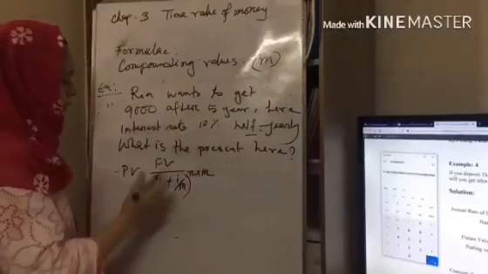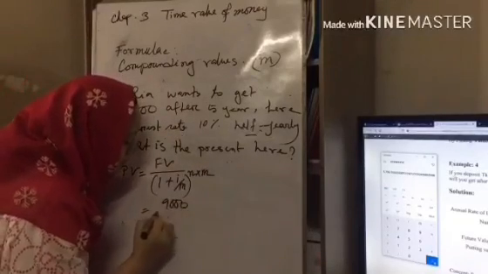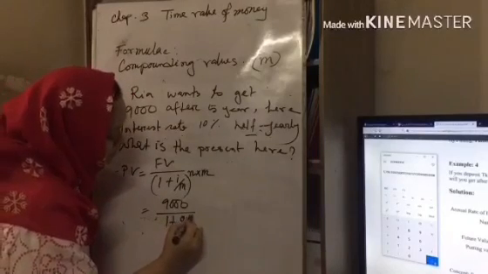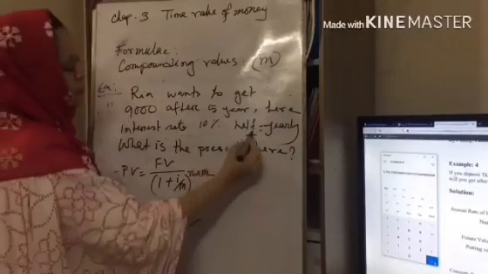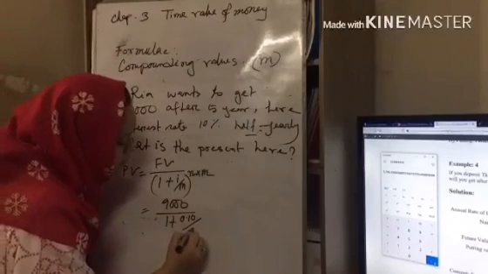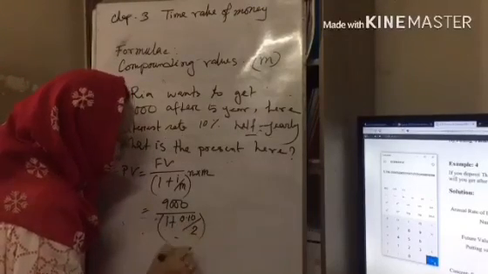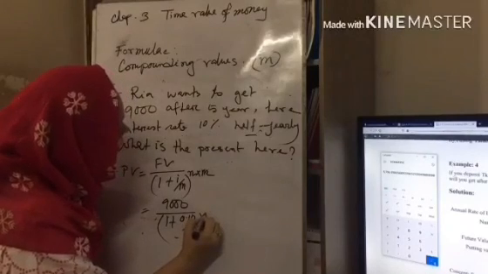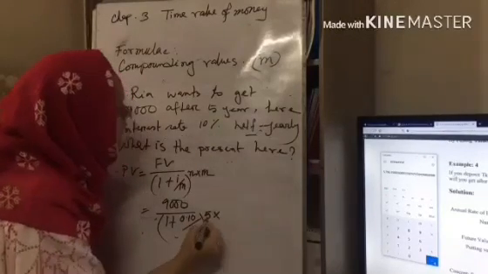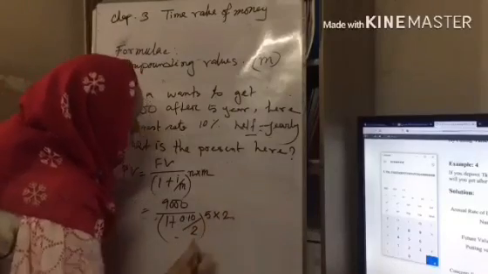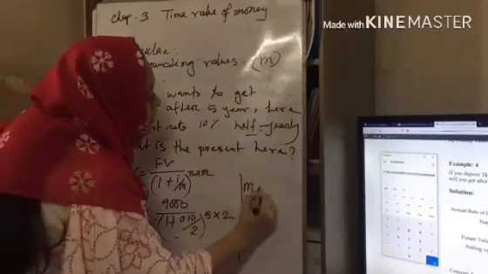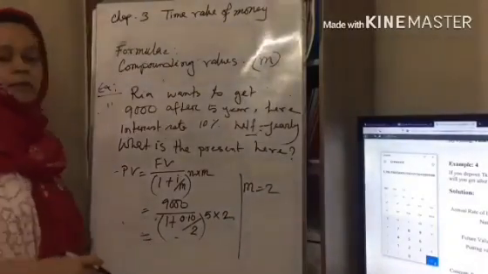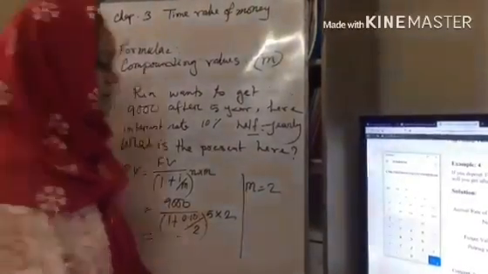The future value is 9,000, 1 plus I, here 10%, 0.10, divided by M's value, half yearly equals 2, to the power n, equals 5 years multiply half yearly 2. Here M equals 2, compounding, and the calculation used here.